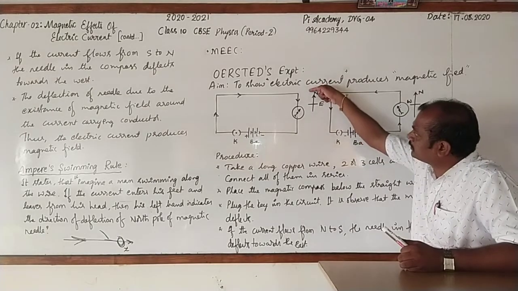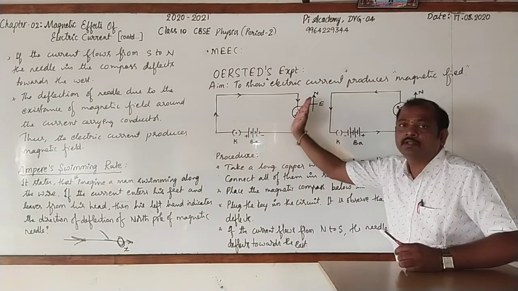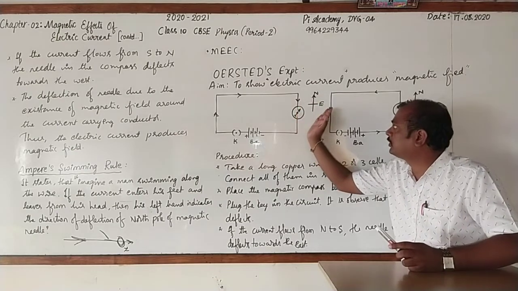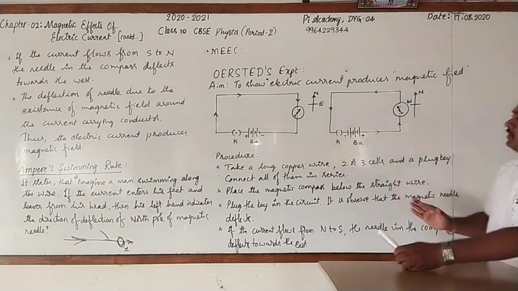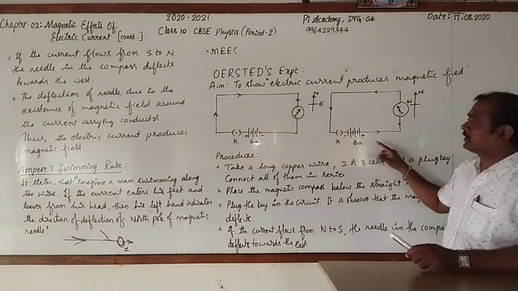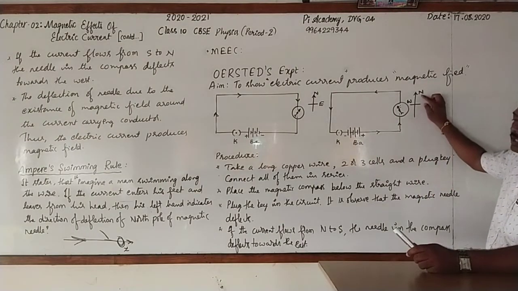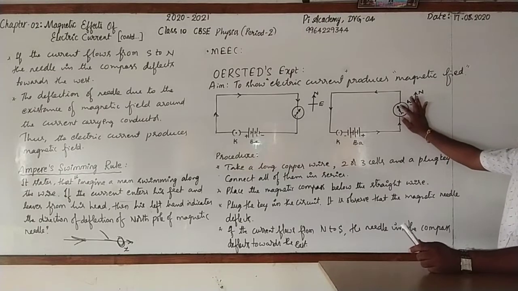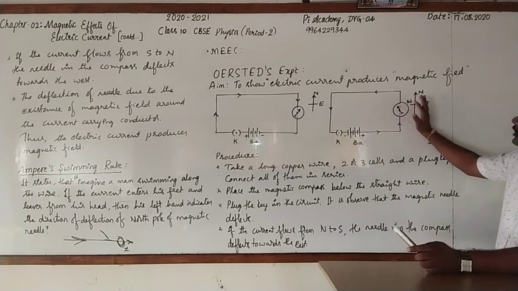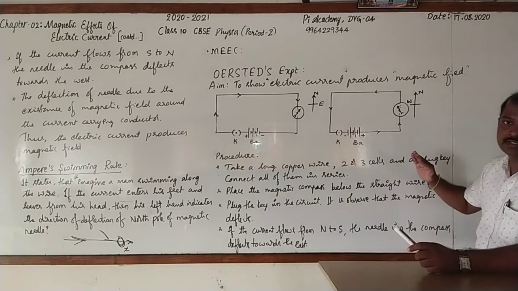When the current flows from north to south, then the north pole of the magnetic needle deflects towards east. Next, if the current flows in the upward direction, nothing but south to north, then the north pole of the needle in the compass deflects towards west.